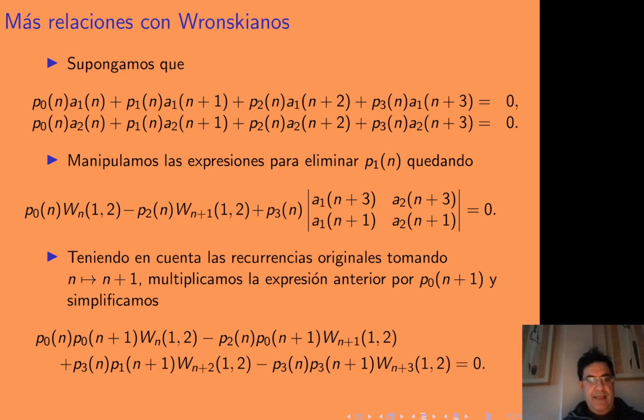And then a sub 1 n plus 2 is minus the Wronskian a sub n plus 1. Sorry, n plus 2, right? Because you have n plus 2, n plus 3. And well, this is the expression. So in the end, this Wronskian 1, 2 can be computed.